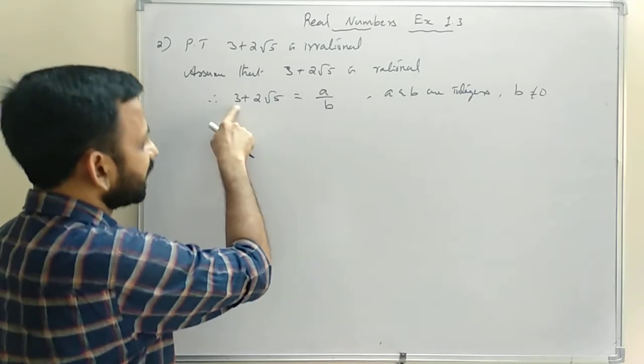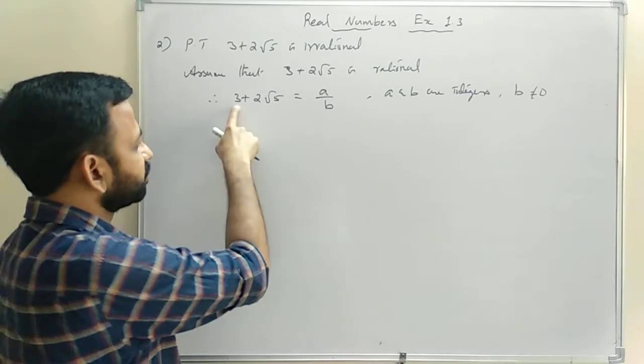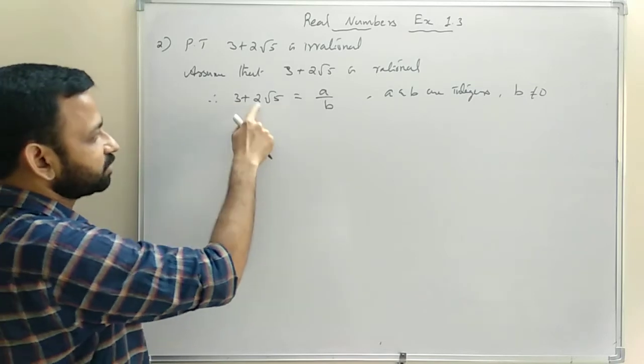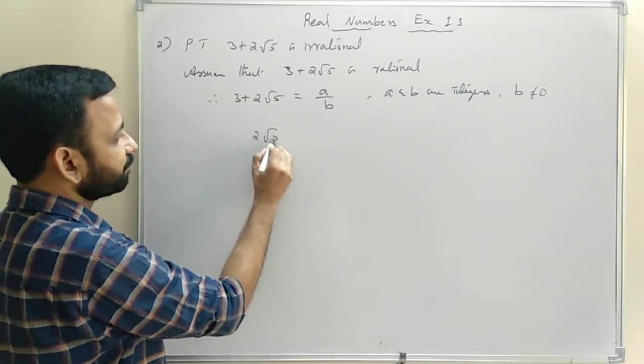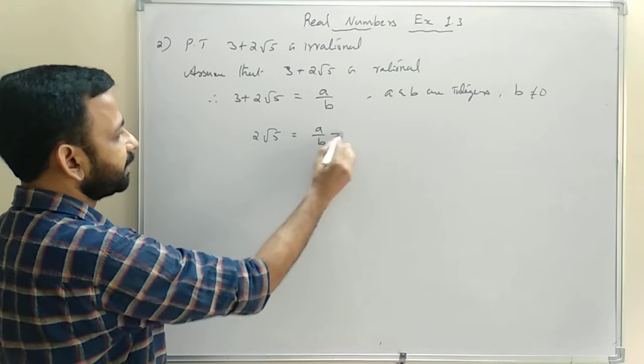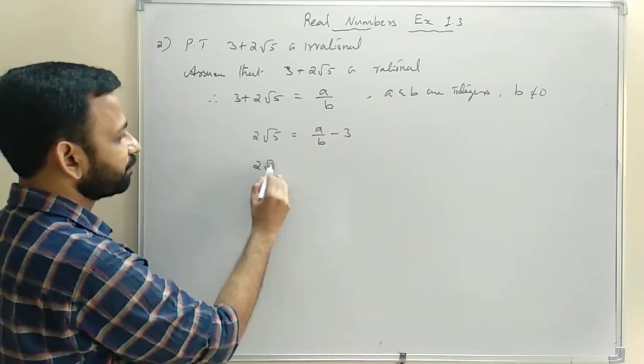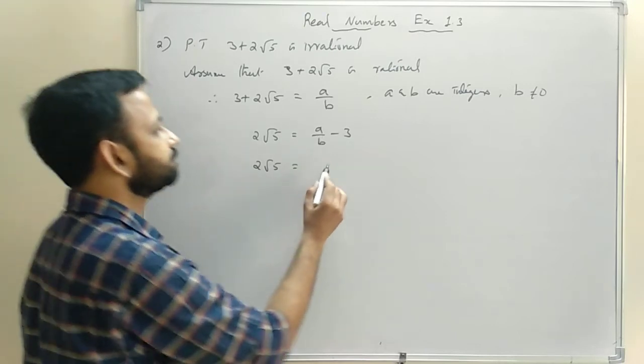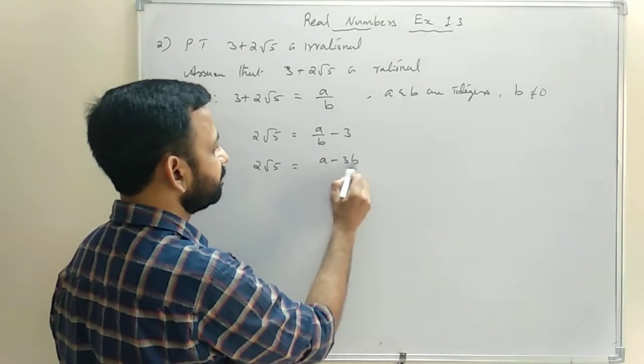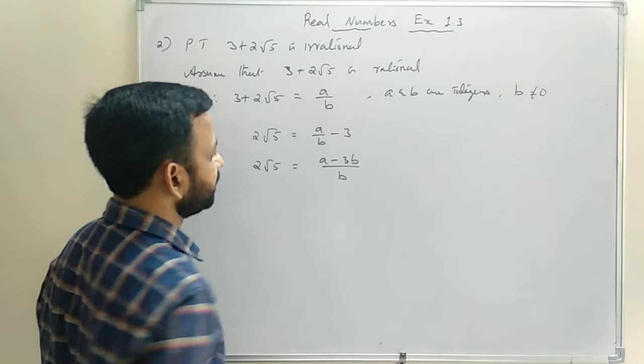So 3 is a rational number. First we will take 3 from left to right. So when we take 3 from left to right, on the left side we have 2 root 5 is equal to a by b minus 3. Plus 3 becomes minus 3. That is, 2 root 5 is equal to, taking LCM, a minus 3b upon b.